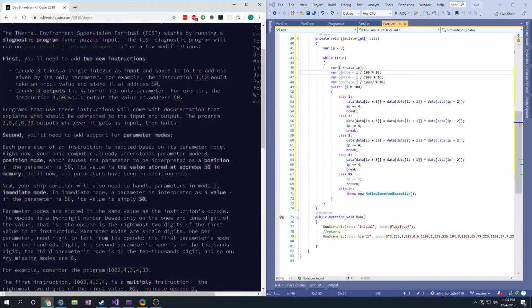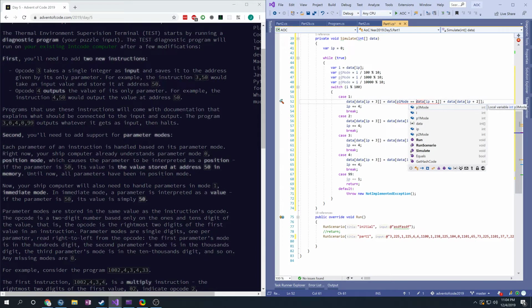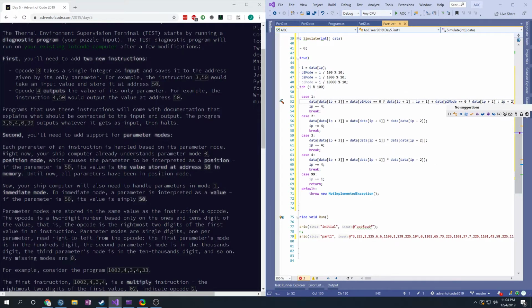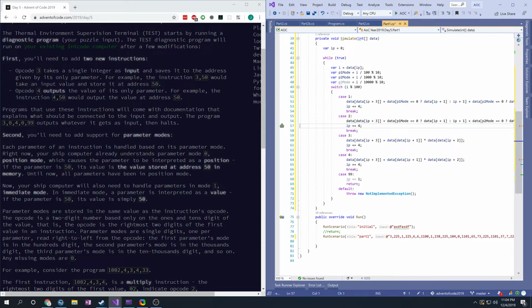Parameter mode again: if zero, we're in position mode. Otherwise, we're in immediate mode. Similar, except they are locations.